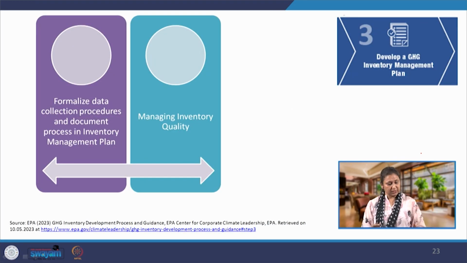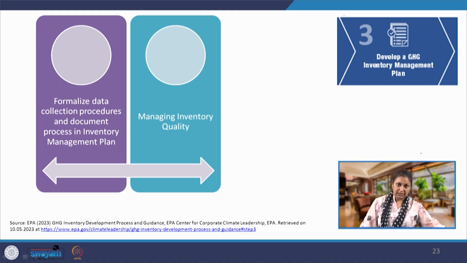How to really do it, that we have to formalize data collection procedures. So, we have to know how to collect the data, what to collect, and then we process it and document it. So, here we are talking about the inventory management plan.